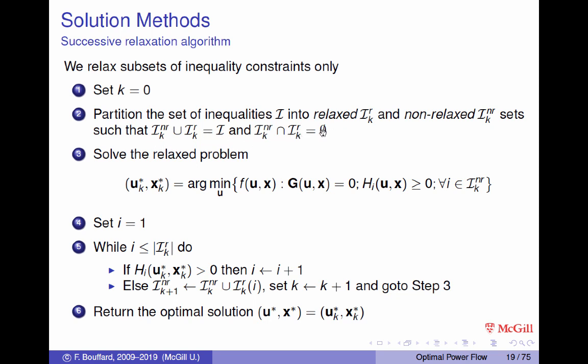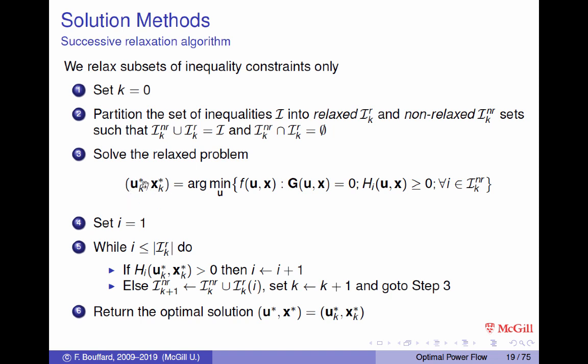That's kind of obvious. Given that set of non-relaxed constraints, we solve our optimization problem subject to the power flow equations and only those inequalities that belong to the non-relaxed set.